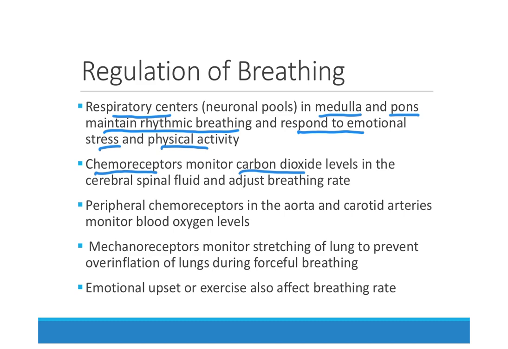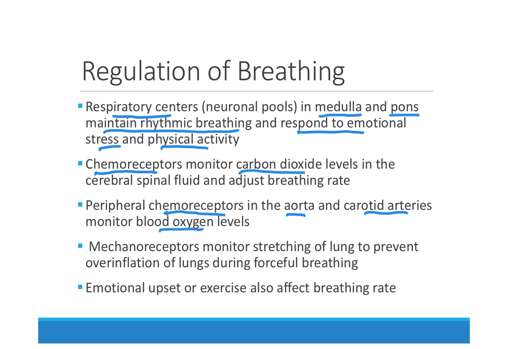Because, of course, if you are doing more cellular respiration and producing more carbon dioxide, you need to get it out of your body, and that can cause you to increase your breathing rate. There are also chemoreceptors in the aorta and the carotid arteries, very close to the heart, that measure blood oxygen levels.